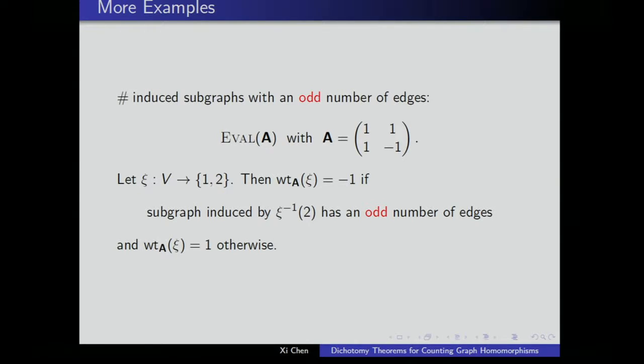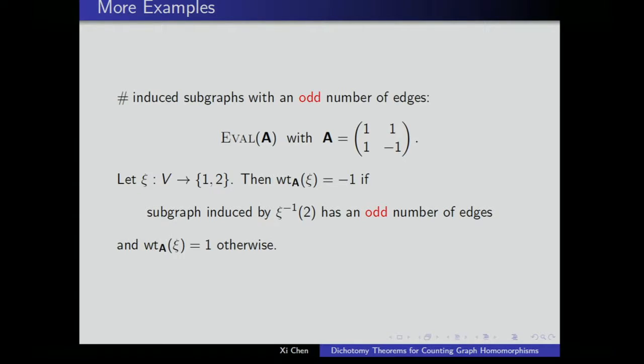Now back to this example, counting induced subgraphs with an odd number of edges. It turns out that this problem is equivalent to computing the partition function with this matrix A, 1, 1, 1, minus 1, this very simple 2 by 2 Hadamard matrix. And here is the connection.